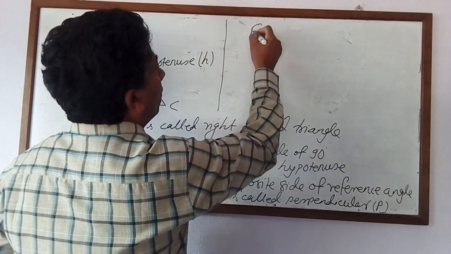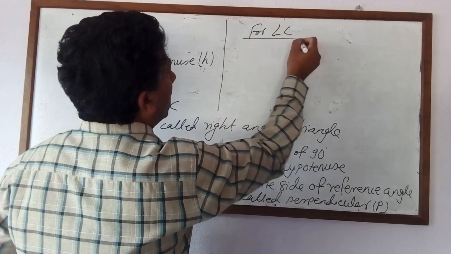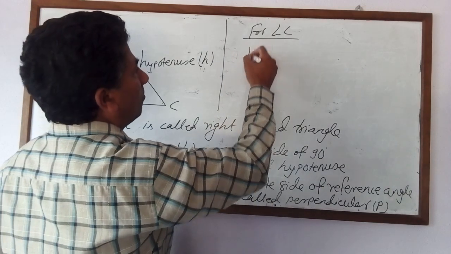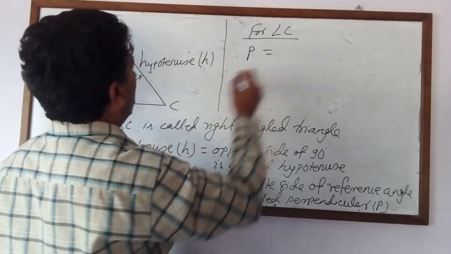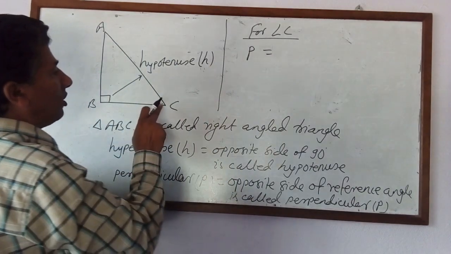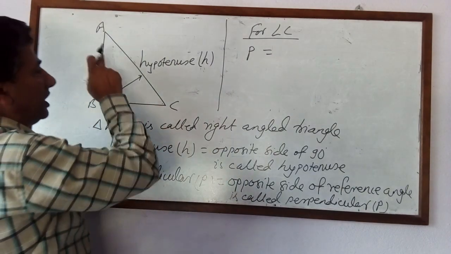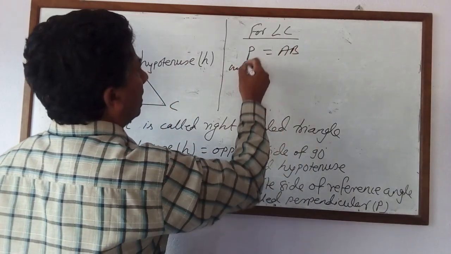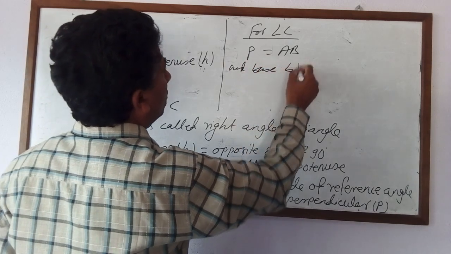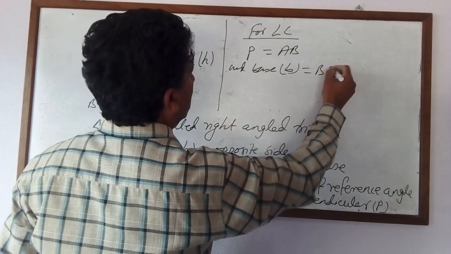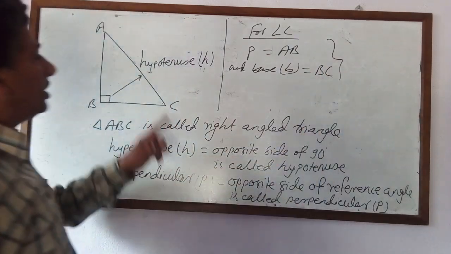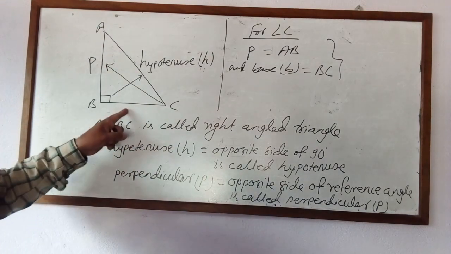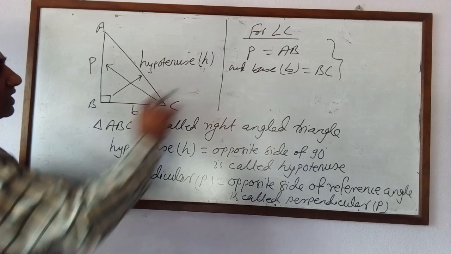It means for angle C, hypotenuse is the same, perpendicular, I write in short form, P will be AB, and base B will be BC.